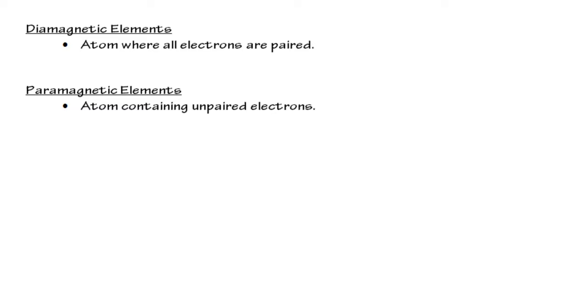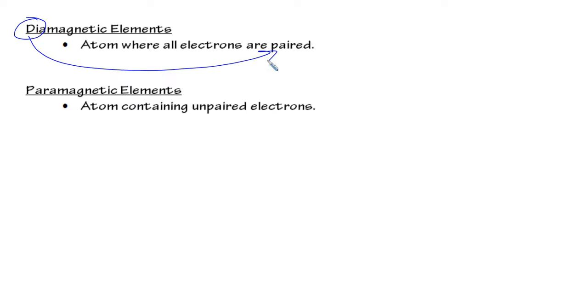So I kind of remember it this way. Di means two. Di is the prefix for two. Diamagnetic means that the two electrons, or I should say all the electrons in an atom, are paired. Paramagnetic, I think of unpaired.